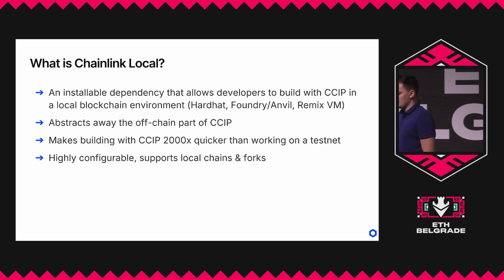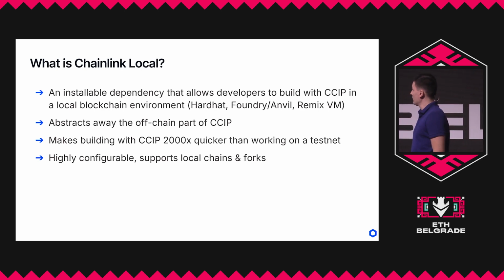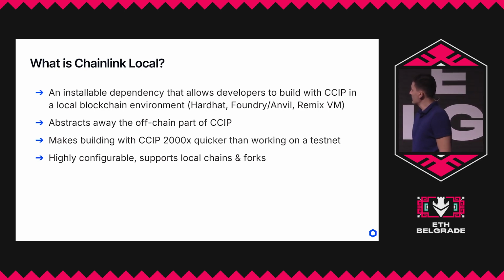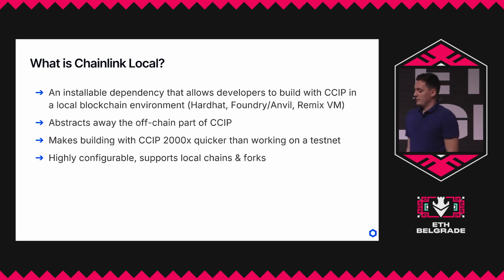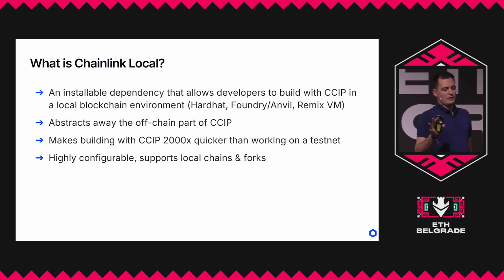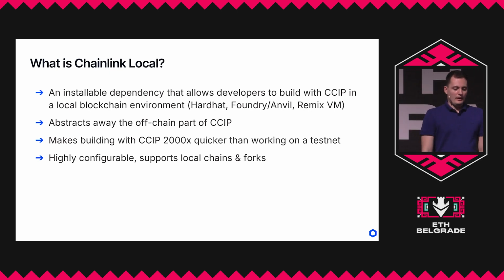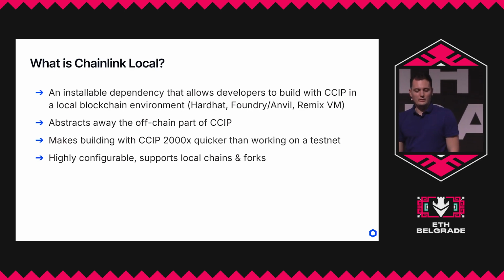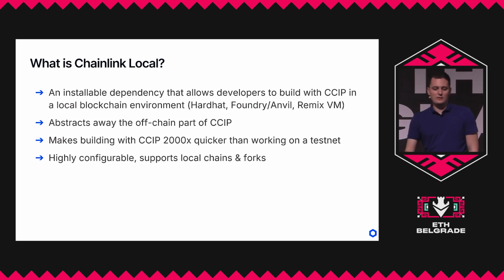So this is another slide about what Chainlink Local is. As I said, it is a dependency that allows you to build with CCP in a local blockchain environment with Hardhat, Foundry, and Remix. The main architectural decision is that it abstracts the off-chain part of CCP. And these are the numbers in speed increase: we got 2,000 times compared to the previous state, which was significant.